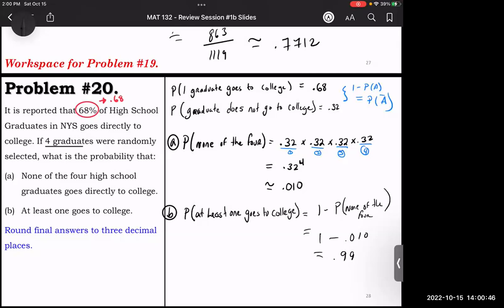So how many people did I select in this example, by the way? It was 4, right? So let me just do this demonstration with 4, but it doesn't always have to be 4. It could have been 5, 6, however many people you wanted.